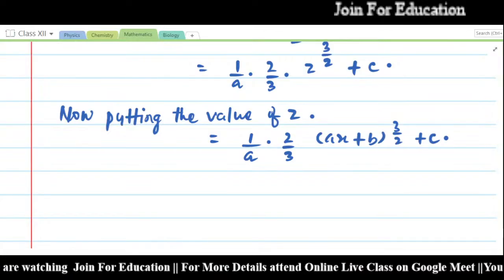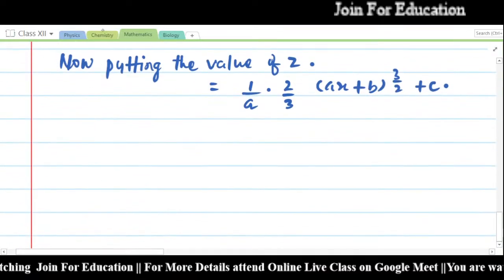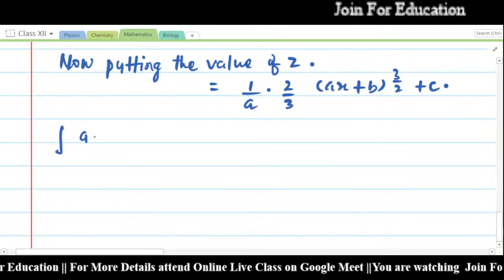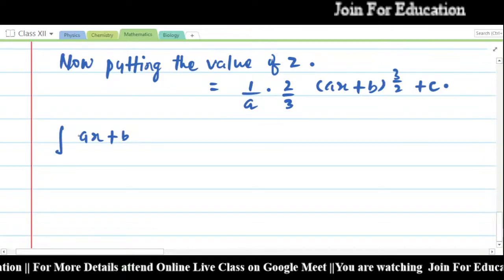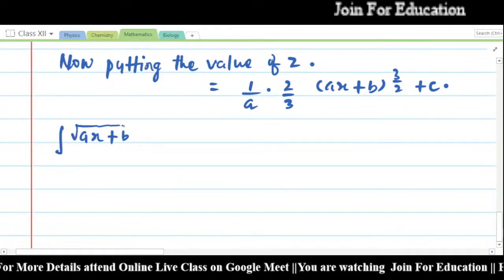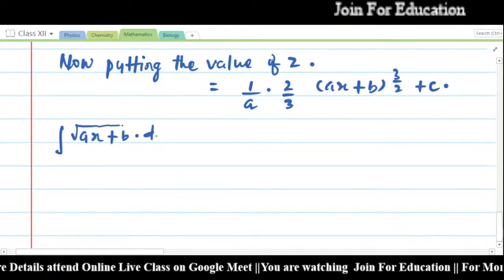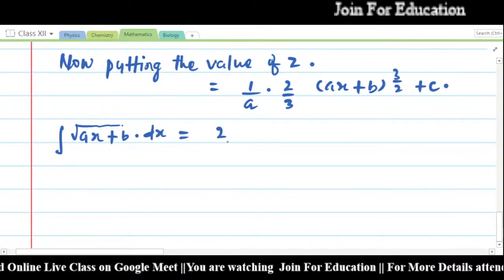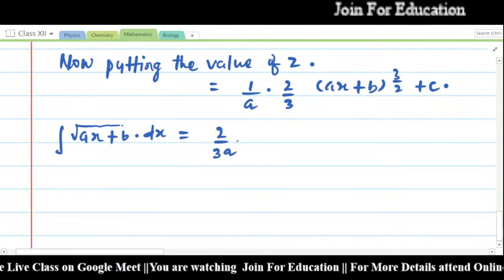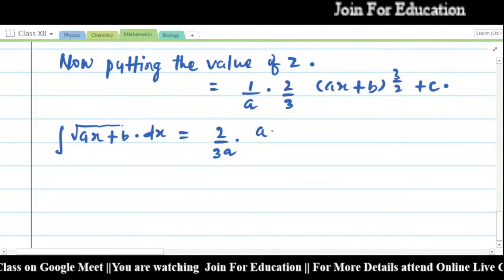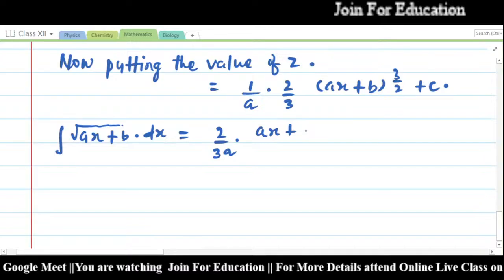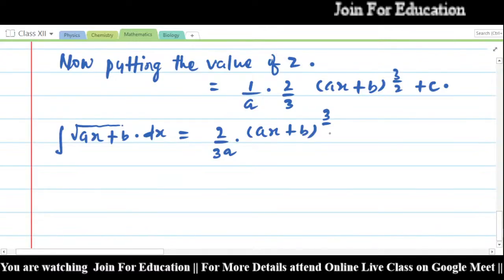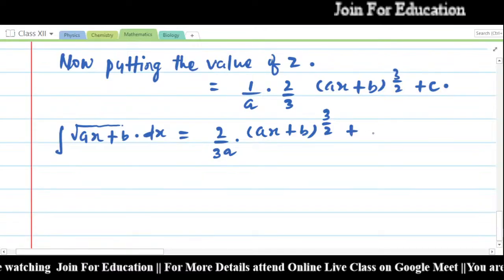So the final step: integration of root of ax plus b into dx equal to 2 by 3a into ax plus b to the power 3 by 2 plus c.